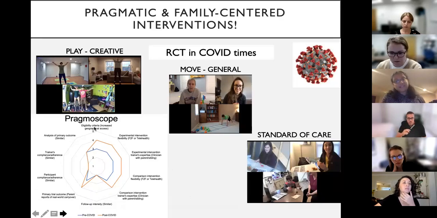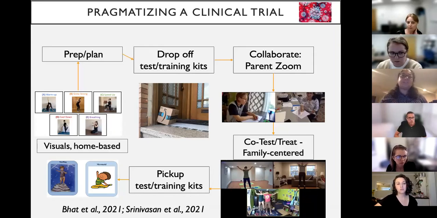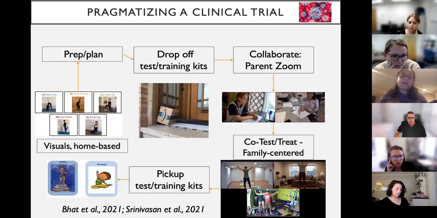So what has changed over the COVID time frame? Previously, as I said, the trainers had their training kits, the testers had their testing kits. We had 3 trainers perhaps, or 4 trainers perhaps, and 3 testers, and so that many kits were there. But now we've had to make a kit per child. So there are test and training kits that are packed in boxes and mailed to the family.